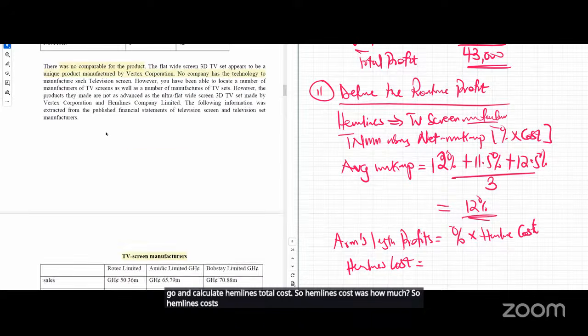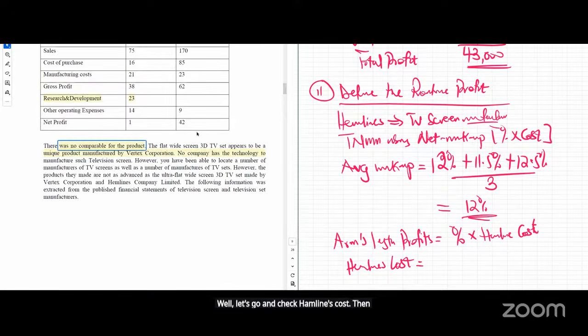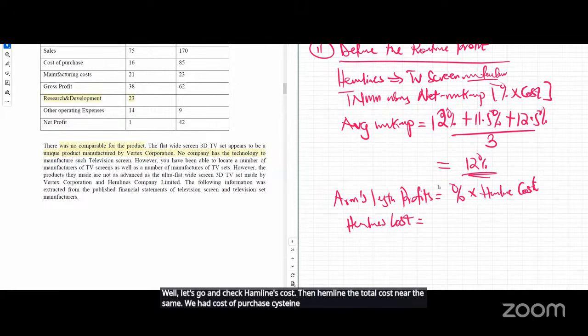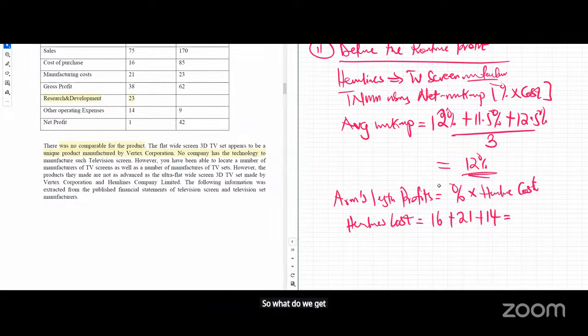So let's go and check Hemline's cost. We had cost of purchase 16 plus manufacturing cost 21 plus other expenses of 14. You can't add the R&D. So what do we get? 51.